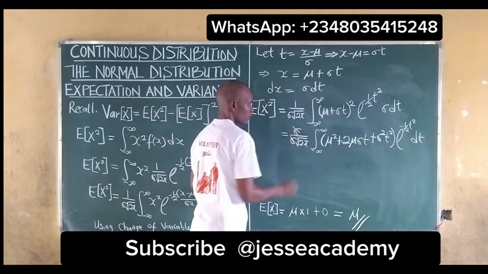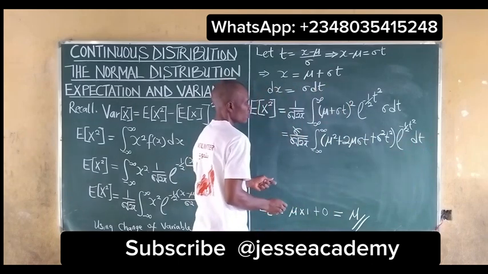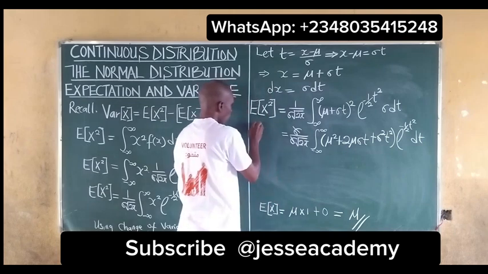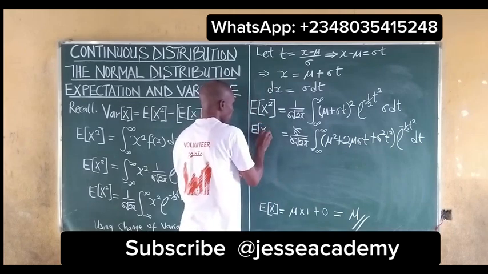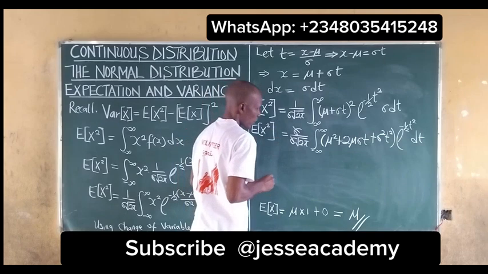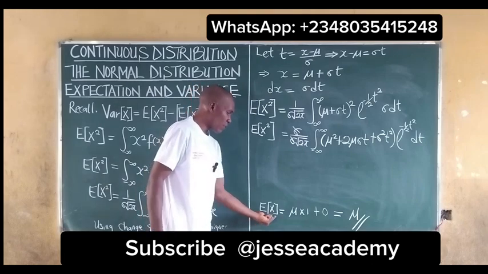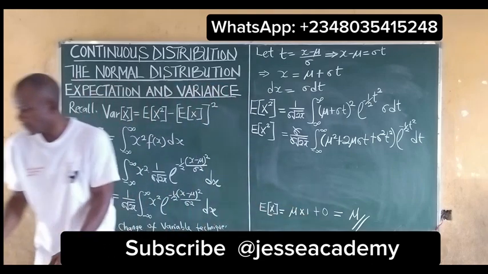So this will cancel this. The next thing to do, we now bring the whole of this together. Of course, this is our expected value of x squared. So I'll delete this. Already we know that the expected value of x is mu. So I'll delete that.